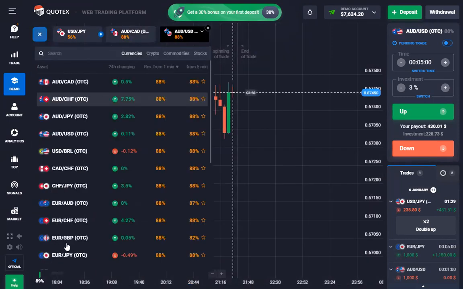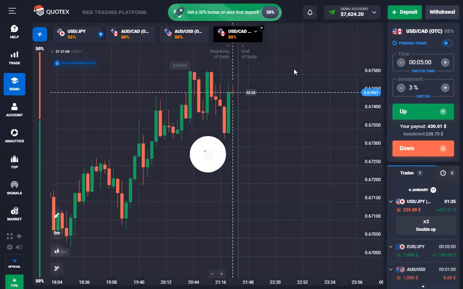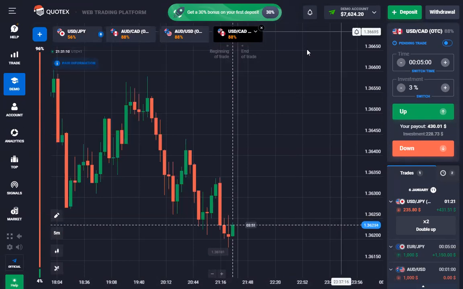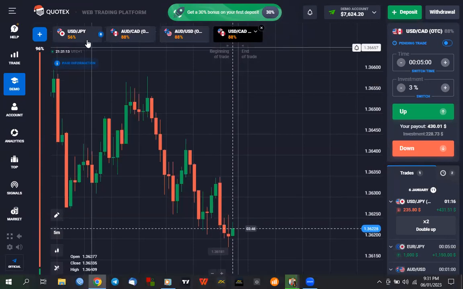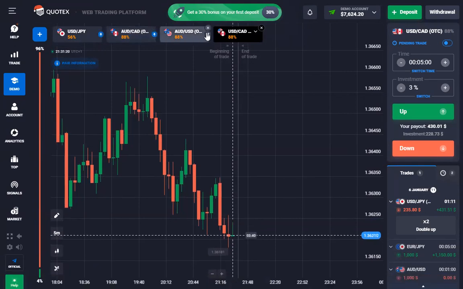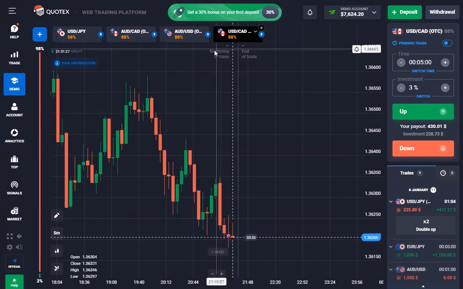You can click there and add. So you can add the currencies you use normally and just leave them there. Let me hide this. Now, as you leave them there, they are right on top of it. You can make them firm by clicking on the pin, meaning you pin them down.